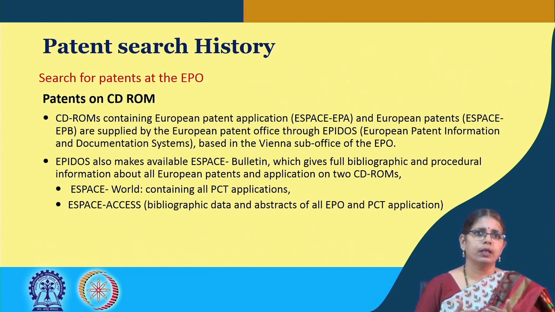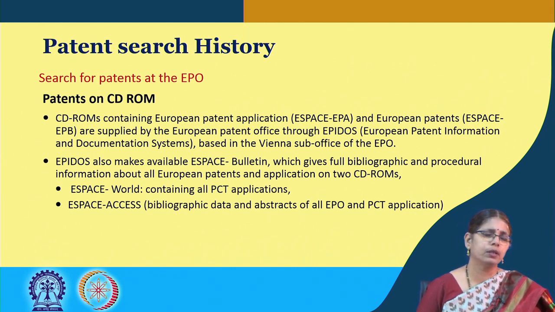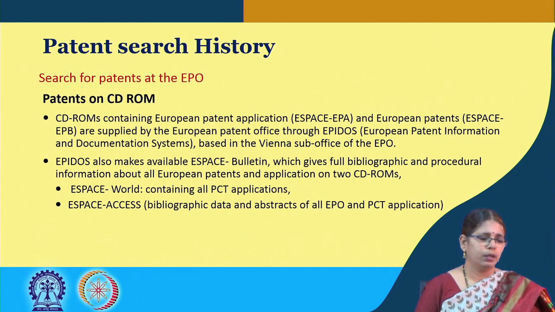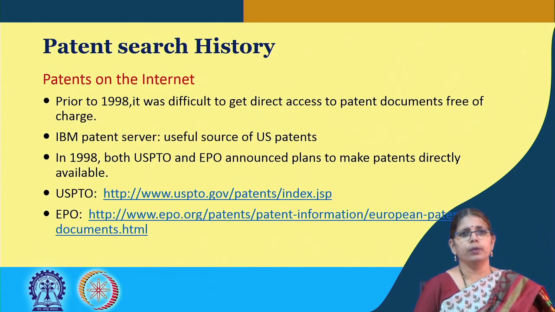So, again under the EPIDOS, you also have different internal databases in relation to how you can search for specific access of information, which is either the PCT applications only, in which case you are looking at esp@ce, and esp@ce access is where you are looking at the entire aspect of the bibliographic data as well as the abstracts of all the EPO and the PCT applications. So, this is another way of accessing the information.